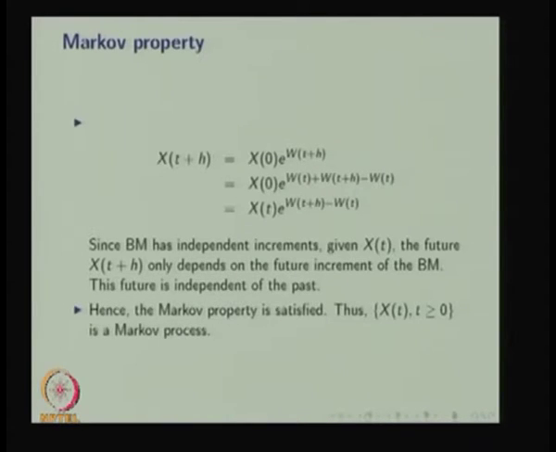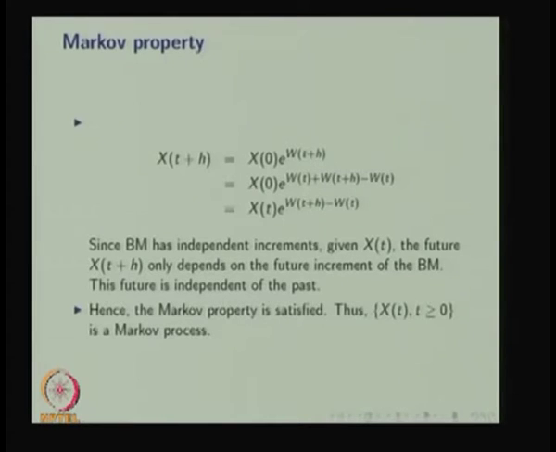Already we know that X of t is equal to X naught e power W of t. Therefore, X naught e power W of t can be replaced by X of t. Hence, X of t plus h is the same as X of t multiplied by e power W of t plus h minus W of t.